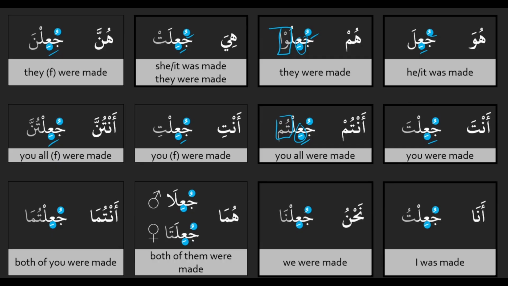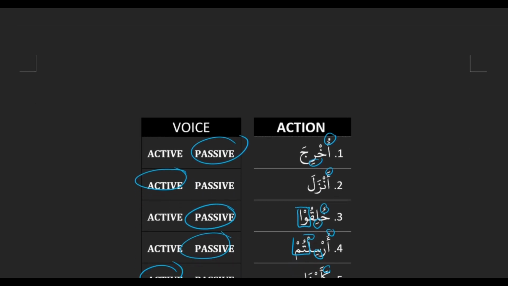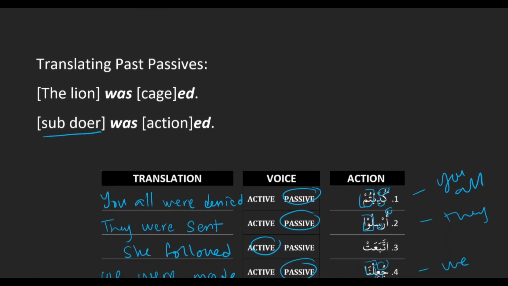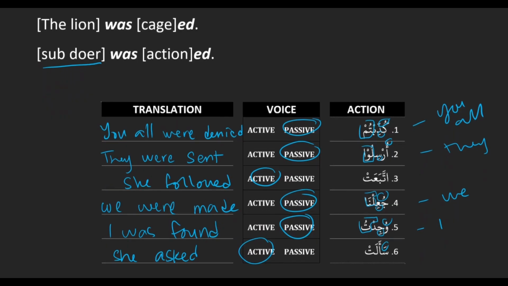But then how do we distinguish it from a normal past tense action? Because passive actions have a u on the first letter and an e on the second to last. And then how do we translate passives? Subdoer was actioned. We start with our subdoer, same way we would start with our doer, and then the passive action translates as was actioned. All clear? Yep.